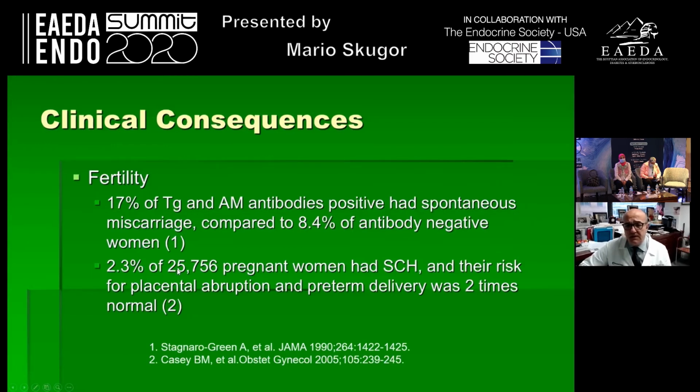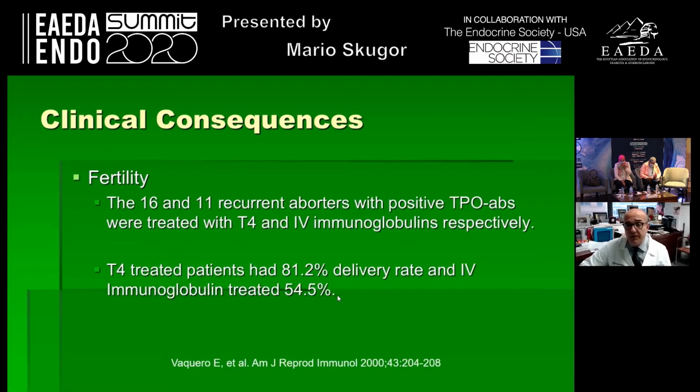Another study looked at almost 25,000 pregnant women, and 2.3% of them had subclinical hypothyroidism, and the risk for placental abruption and preterm delivery was 2 times higher than normal. So there may be some effect on pregnancy. Another study looked at 60 women who had several spontaneous miscarriages earlier in their life and had positive anti-TPO thyroid peroxidase antibodies, and they were treated either with T4 or intravenous immunoglobulins. 16 of them were treated with T4 and 11 with IV immunoglobulins.